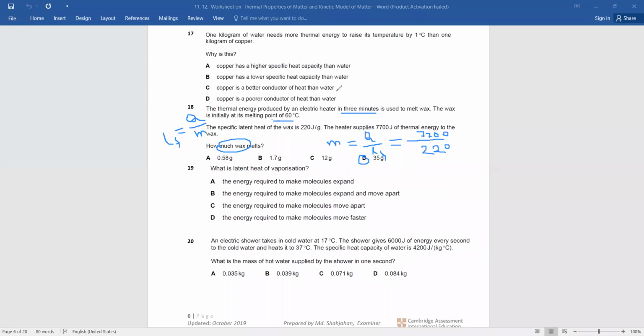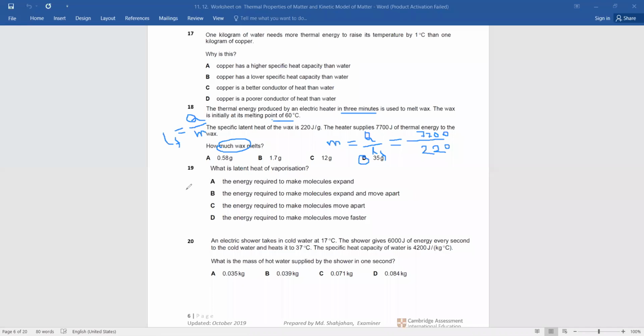If Rabi can't, then Aisha, you can read. Aisha, then Farabi, you can read. What happened? They are attending, but they are not taking part. Then Faiza. Hello, Faiza. Faiza, can you read question 19?